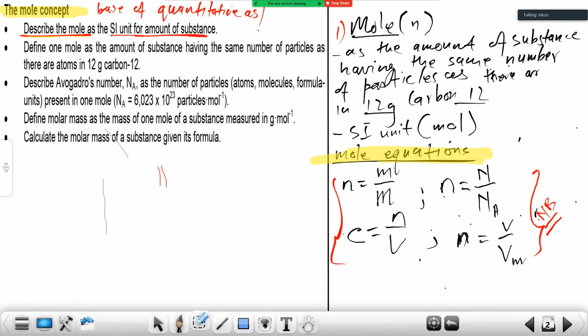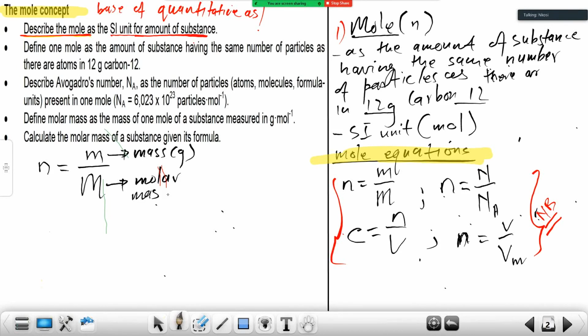I'm going to write this information here for equation number 1. So equation number 1 says n is equal to m over M. So this here is just the mass, which should be in grams, and this should be the molar mass in grams per mole.